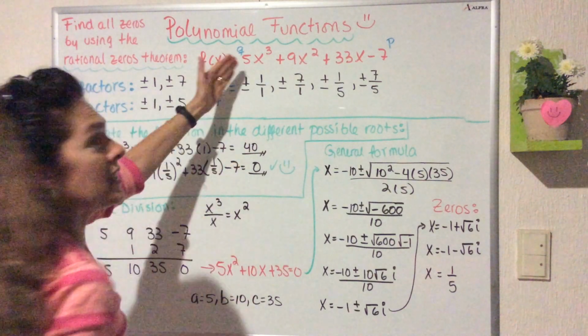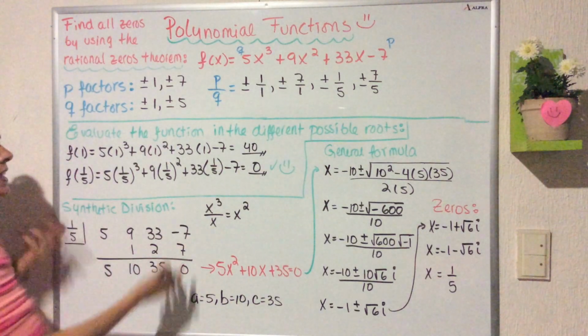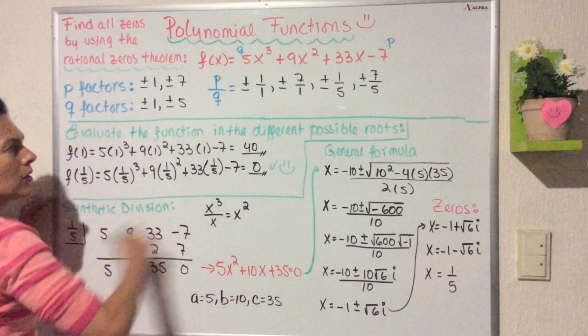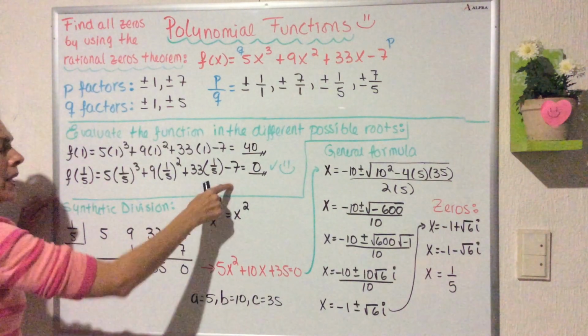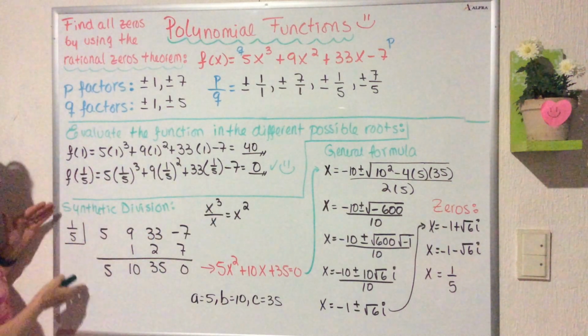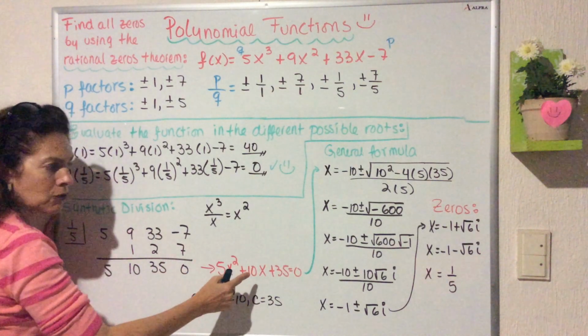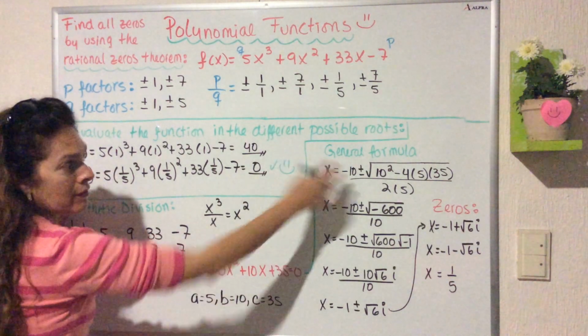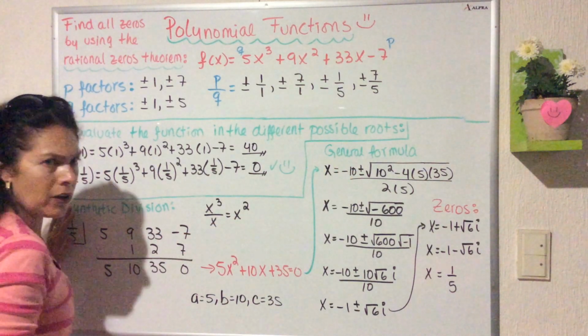But in this case, we have a third degree, so once we get one of the roots, using the rational zeros theorem, we are going to be able to perform the synthetic division, and then we get the quadratic equation, and then we continue solving using the general formula.